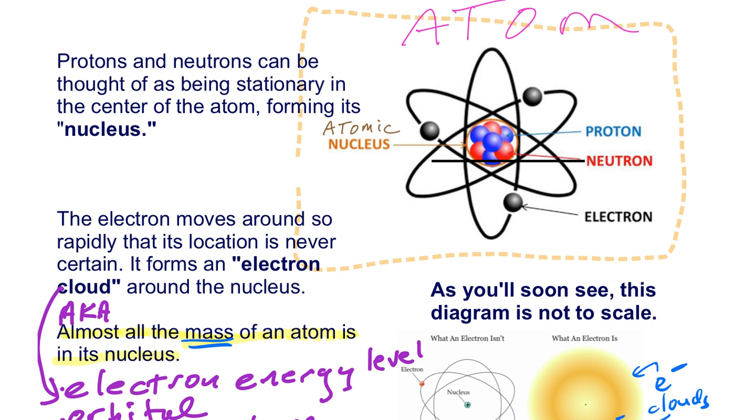So here's the old school picture of an atom up here. Protons and neutrons are jammed together in this very teensy space called the nucleus. The nucleus is composed of protons and neutrons.